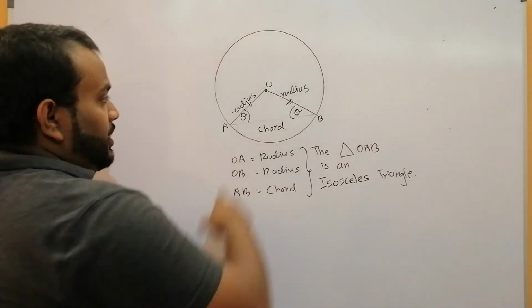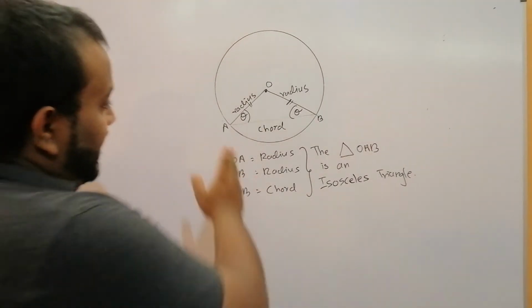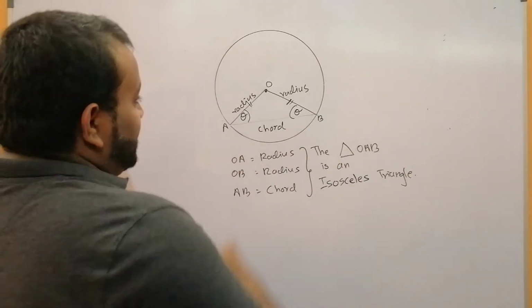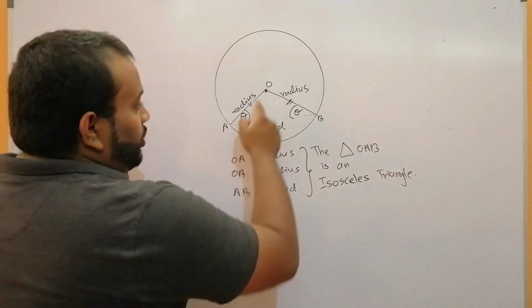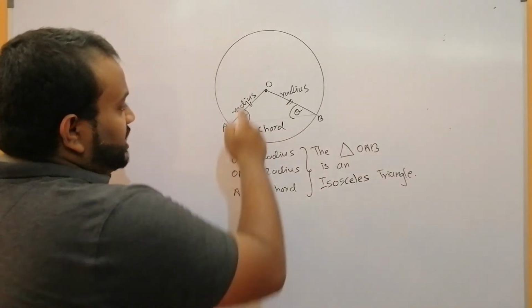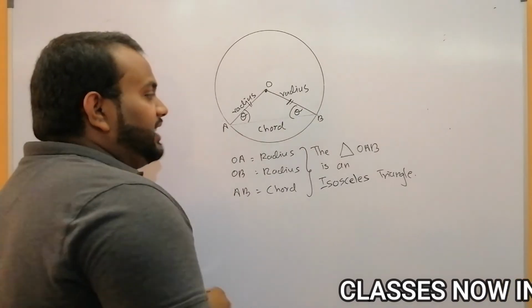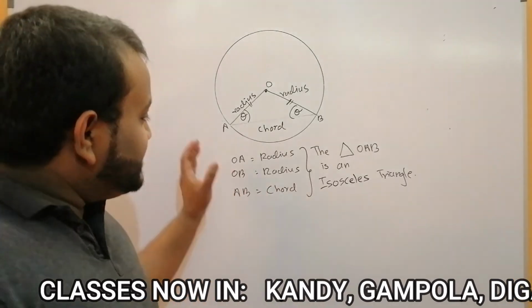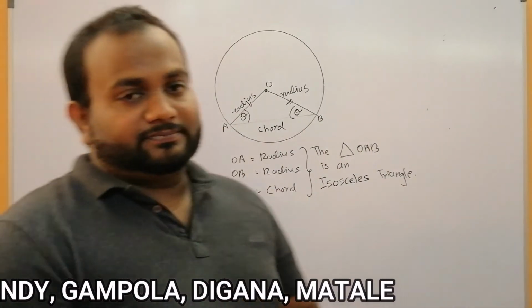Therefore, OA equals OB, they are radii. AB is the chord. So triangle OAB is an isosceles triangle where OA is equal to OB and the angles produced by those two straight lines, that is the angle OAB and OBA, are equal. See, this is really simple. What we have to do is just combine everything that we know and use it in a sum.